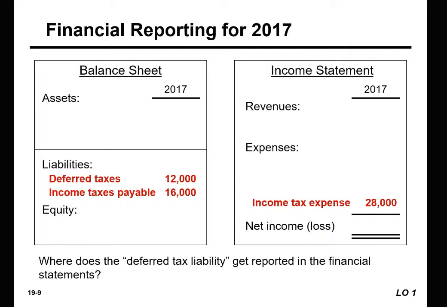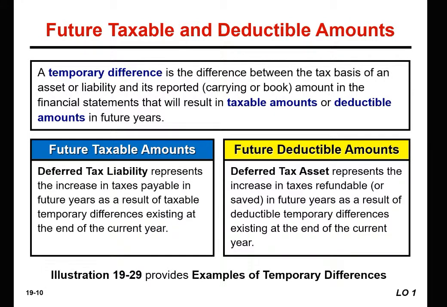And the two of them will equate to the amount of the income tax expense. Sometimes these temporary differences are the result of the difference between a tax basis of an asset or a liability and its book value in the financial statements, and will result in taxable amounts or deductible amounts in future periods.